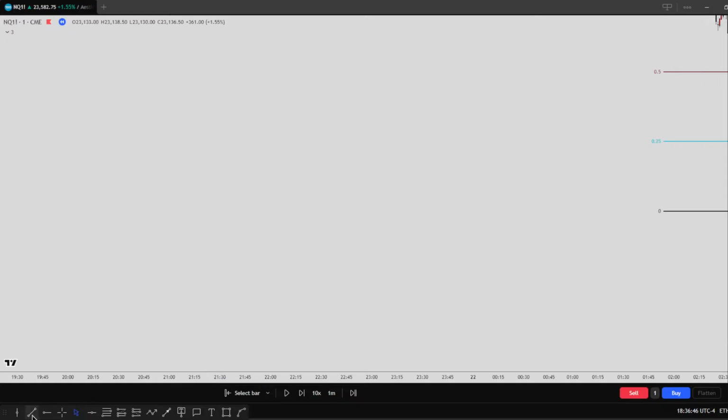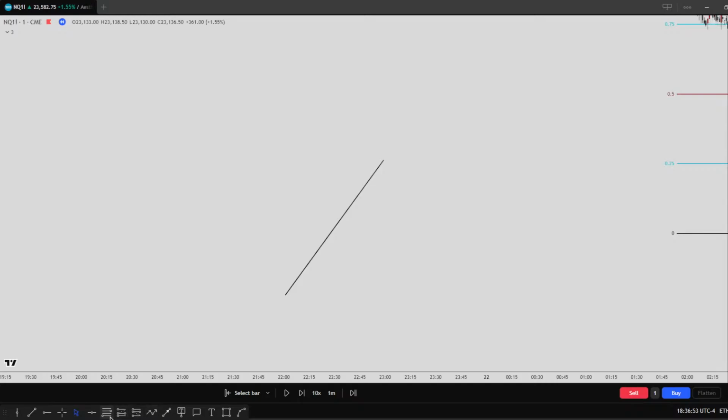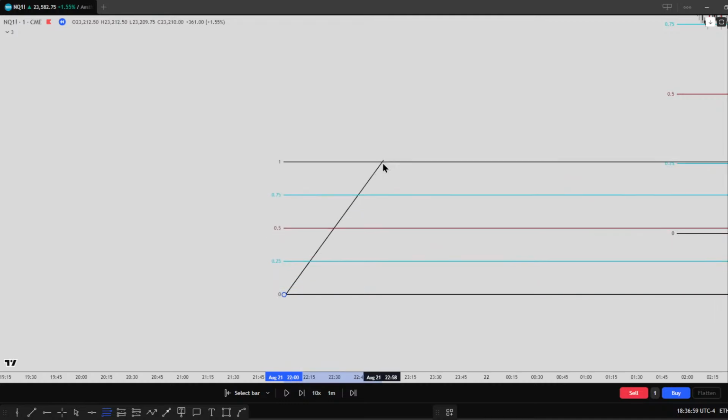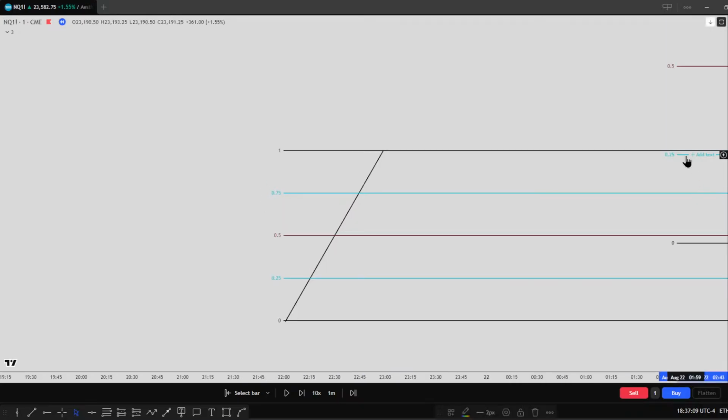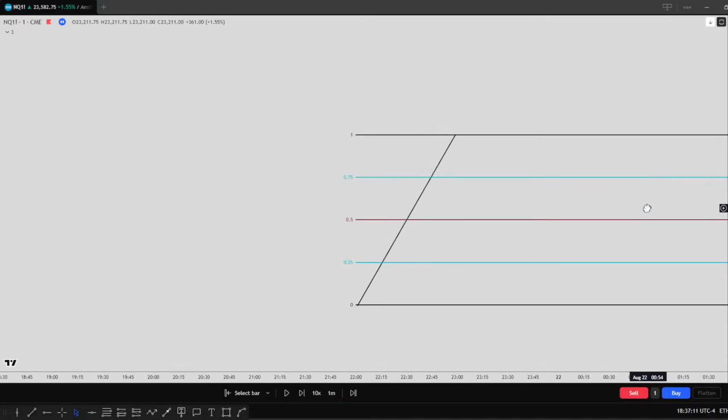So if I just say that this is the price move we're looking at, and this is your implied range, and you grade this price move with your fib, you go from the low to the high, and now you have the 0.25 level, the 0.5 level, and the 0.75 level. What we're looking for is pause points.